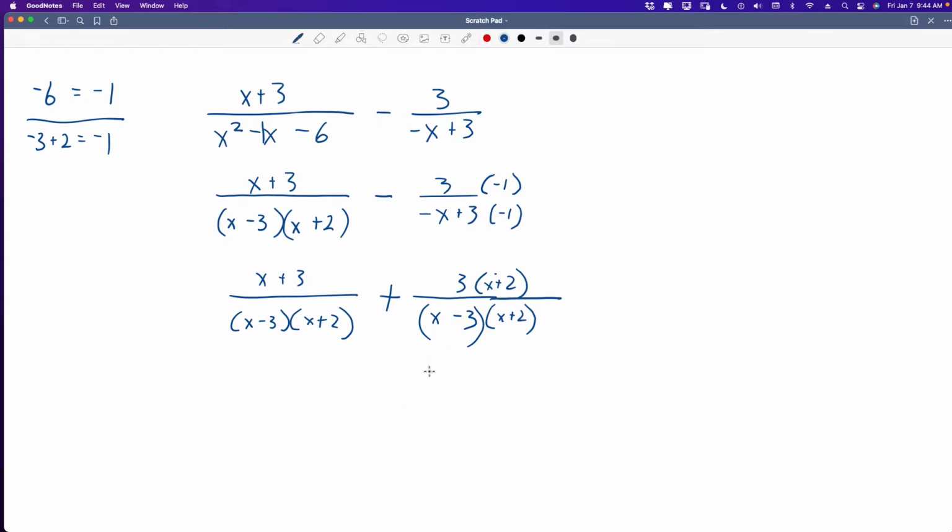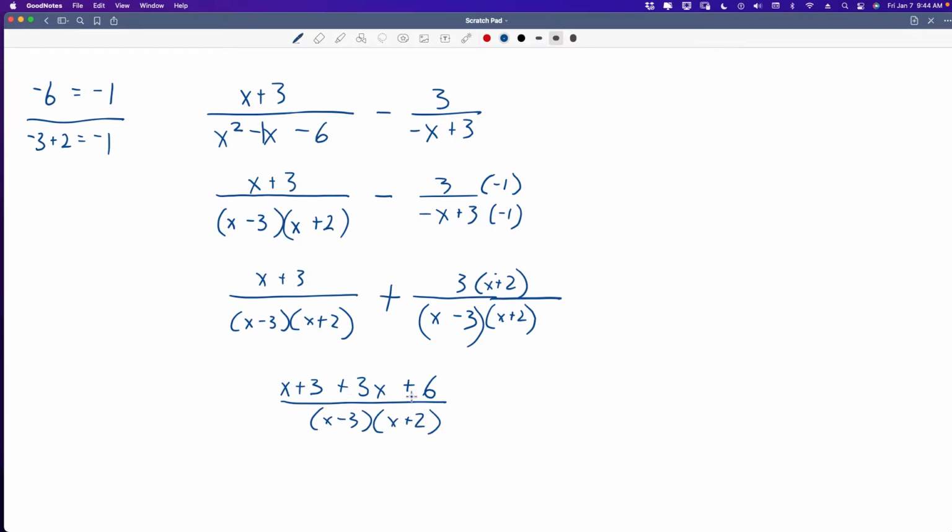But we're going to go ahead and distribute just for the sake of having like terms. So we have x plus 3, and then we have 3 times x, so it's going to be plus 3x, and then 3 times 2 is going to be plus 6, and that's all over x minus 3, x plus 2.